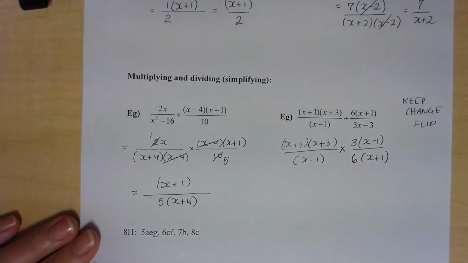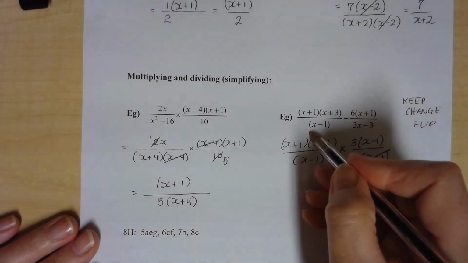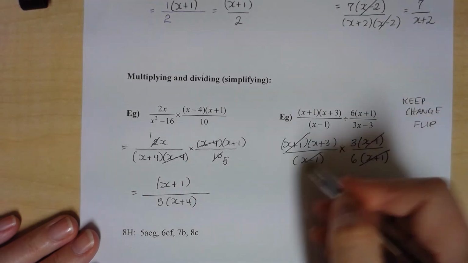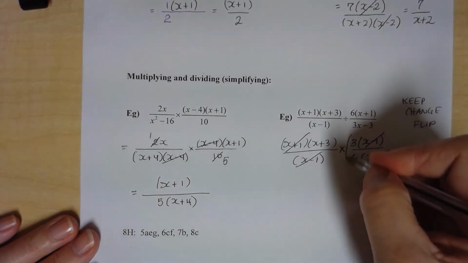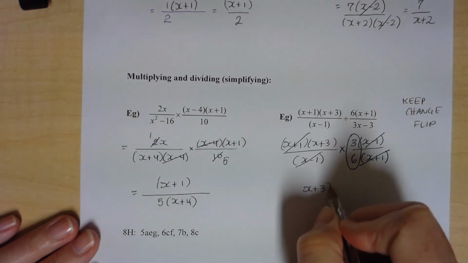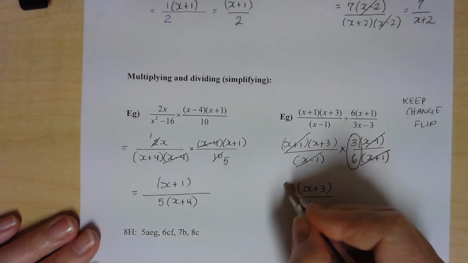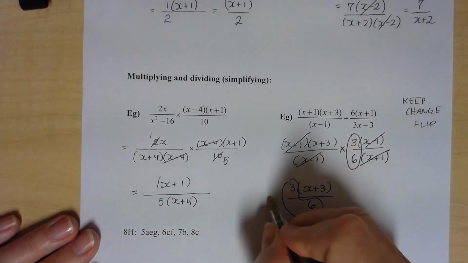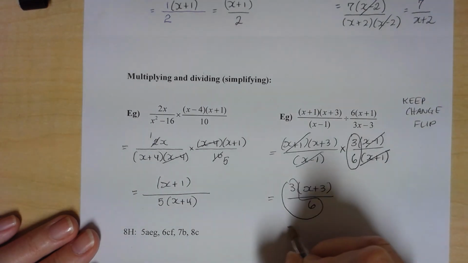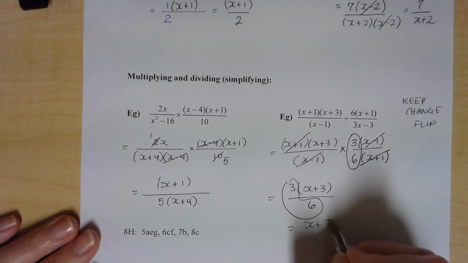Okay, so I factorized and flipped at the same time. So there's an x plus 1, top to bottom, top to bottom. So I'm going to look at that. So I have x plus 3 with a 3 in front of it. And on the bottom I just have a 6. That's 1 and 2, so x plus 3 over 2.